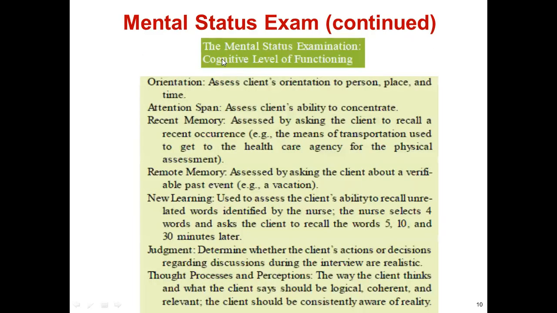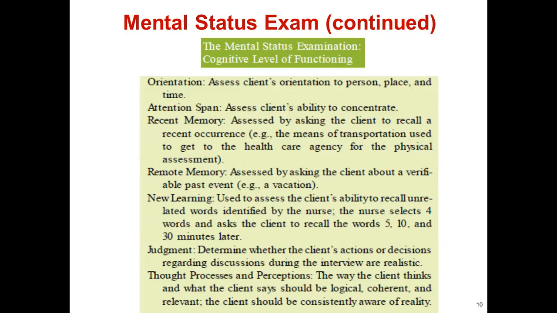The mental status exam or cognitive level of function first of all contains orientation. Assess the client's orientation to person, place, and time. You ask the person, who are you?